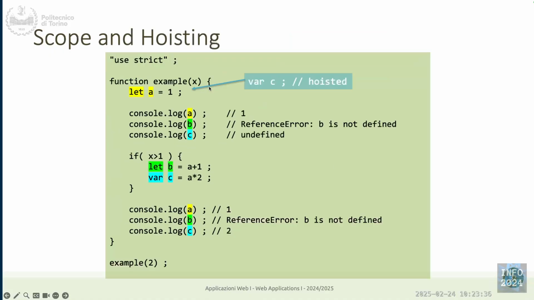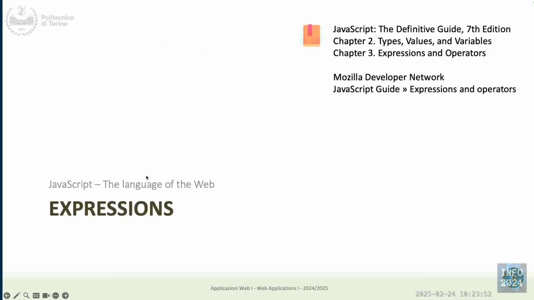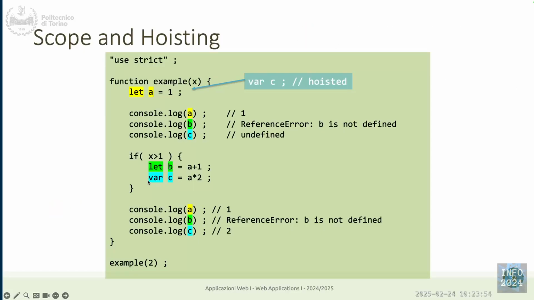Okay, so this is an example where we see different behaviors between let and var, but I don't want to spend too much time on that. The only thing I want to show is that if we have a variable declared with var in some place, actually the definition here is moved up there, without, of course, initializing it, because we cannot say c is equal to a times 2 at the beginning of the code.